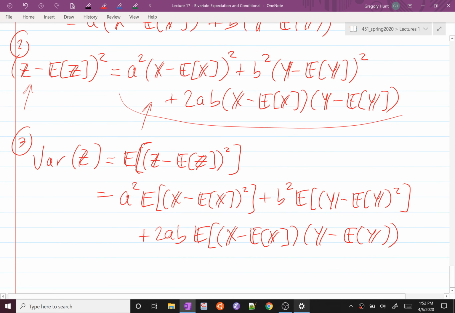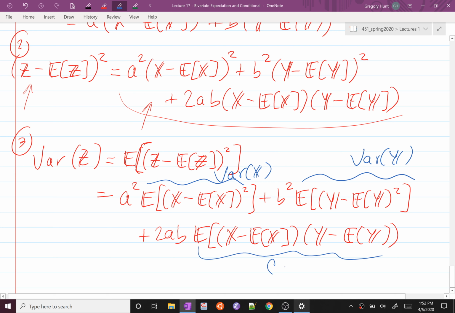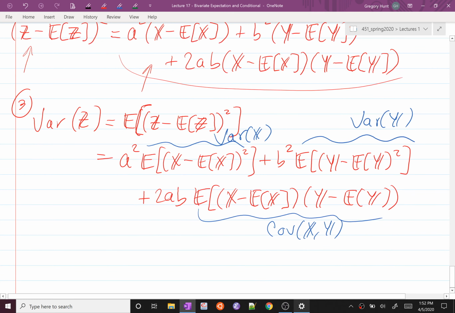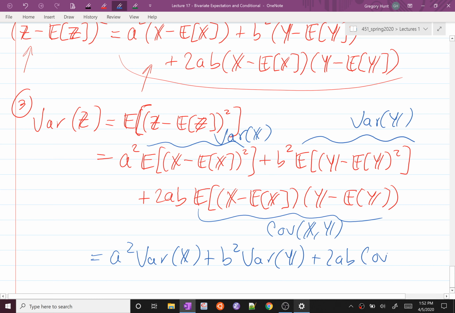And now I just have to identify the various parts of this. This first thing here is the variance of x. This thing here is the variance of y. And this, by definition, is the covariance of x and y. So altogether, I get a squared variance of x plus b squared variance of y plus 2ab covariance of x, y.